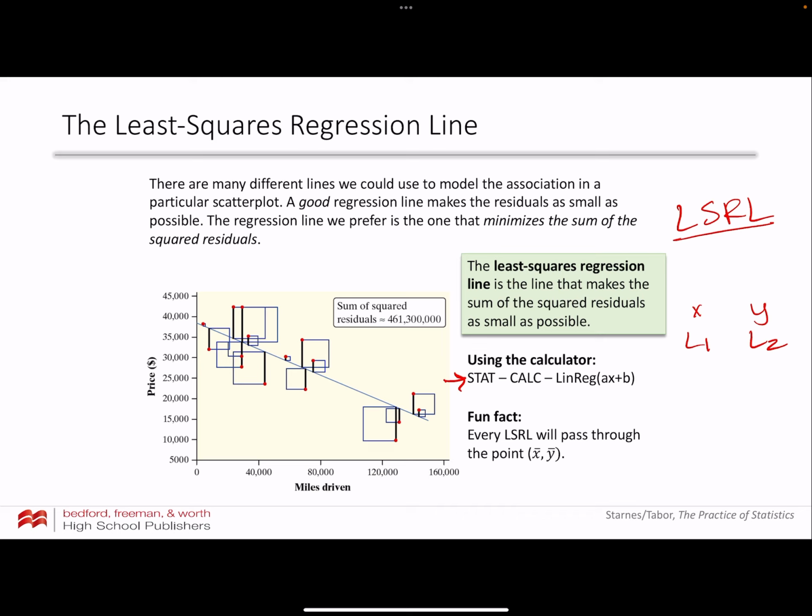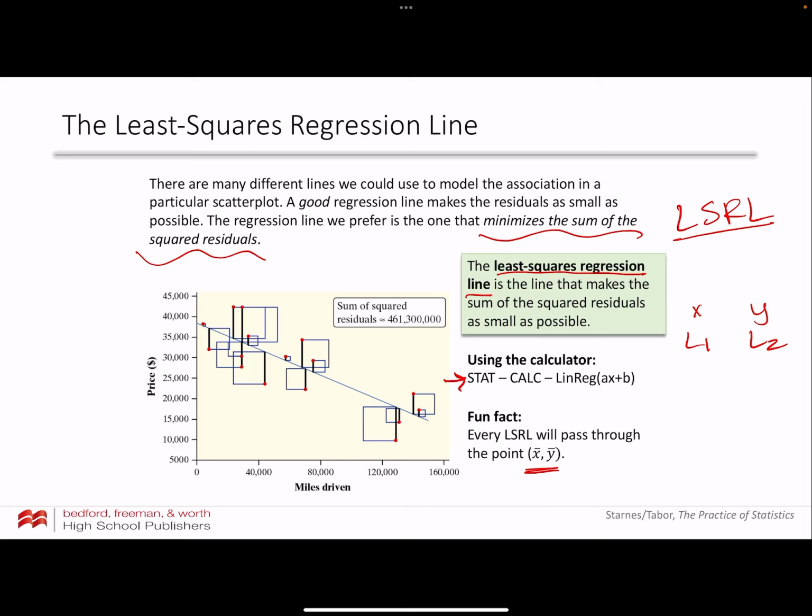And then just a fun fact, and we'll talk more about how we use this: every single least squares regression line, specifically the one that minimizes the sum of the squared residuals, every single LSRL for every set of data is always going to pass through the point x bar comma y bar.